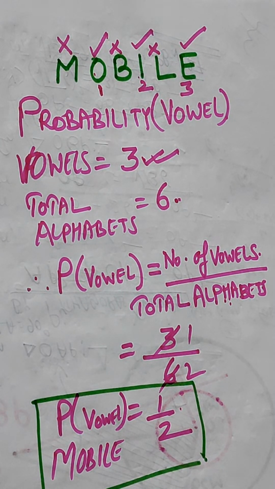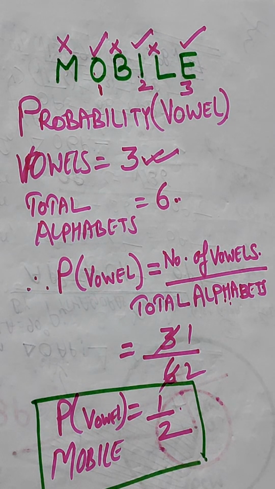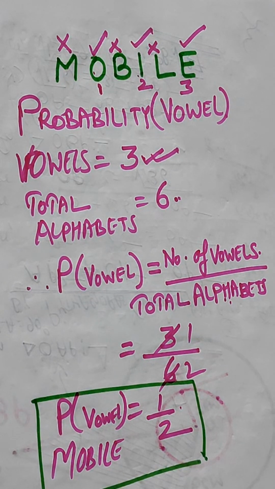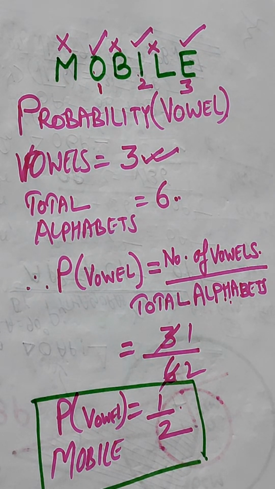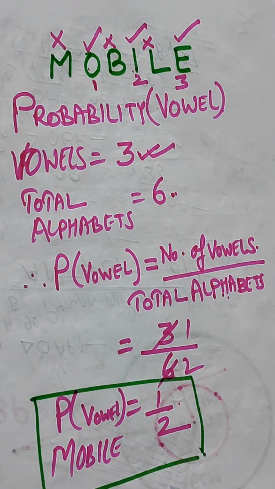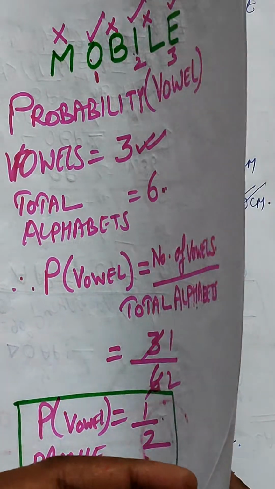We have solved two questions from here. Now, if two different dice are rolled together, what is the probability of getting an even number on both dice? Okay, so that we can also see. Let us solve that.